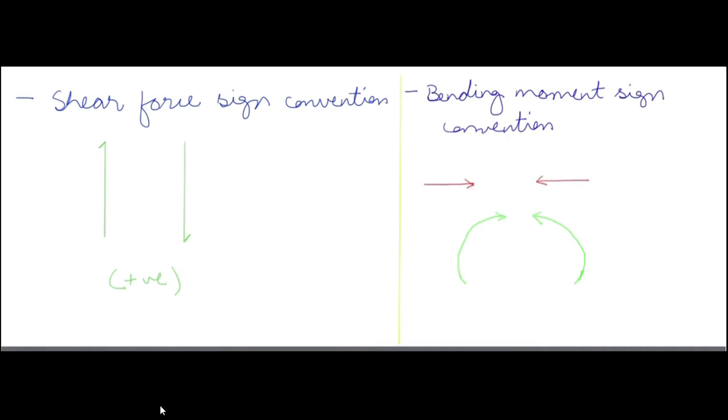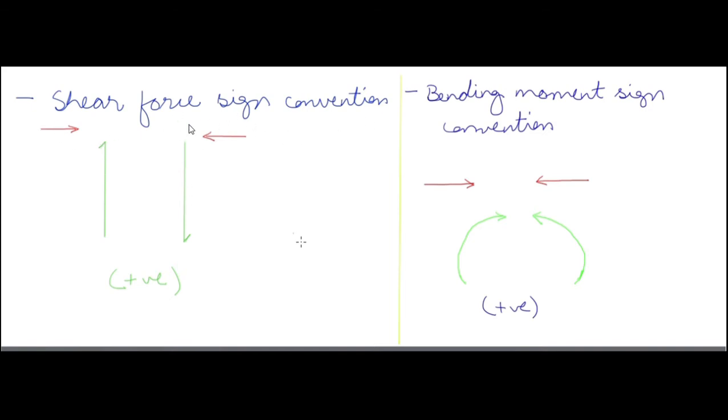Whether you start from the left or from the right, you have to make sure what sign convention you have allowed for the shear forces or bending moment. In general, as we go from the left, we take the downward shear force as positive, and if taken from the right, the upward shear force is taken as positive. We will see in the numericals how this is done.